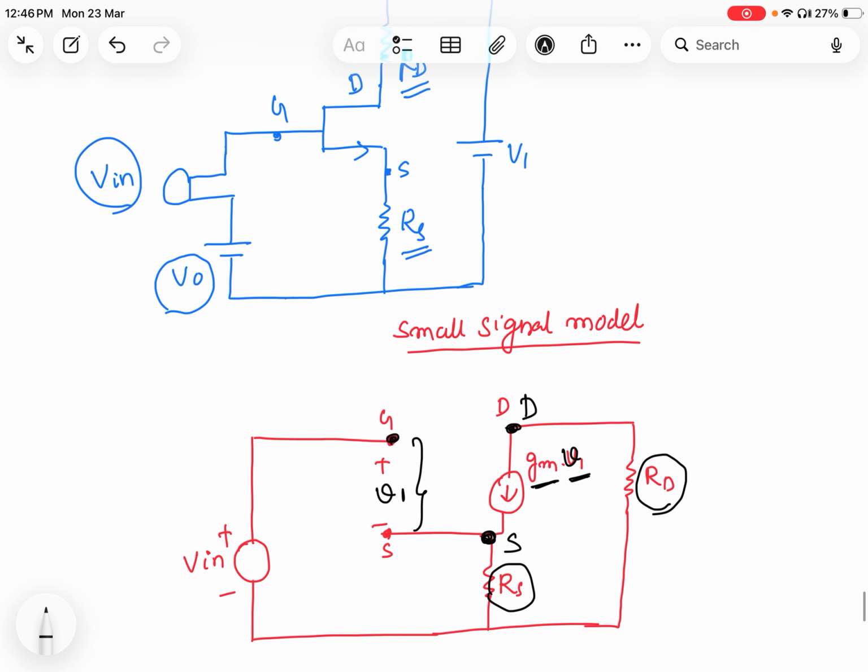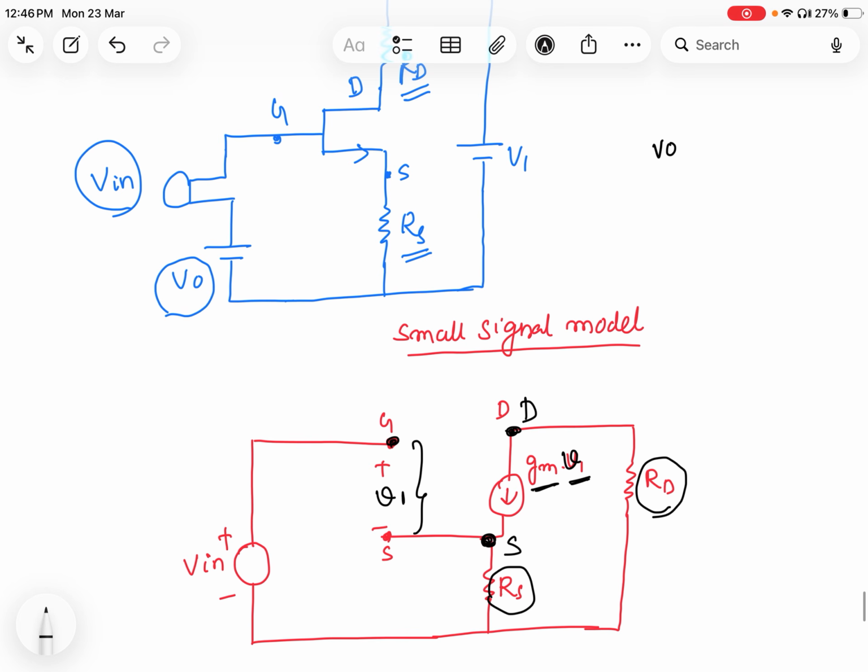So when we are considering the small signal model, the voltage source will be short circuited. Remember this thing, this is very, very important: the voltage source will be short circuited and the current source will be open circuited.